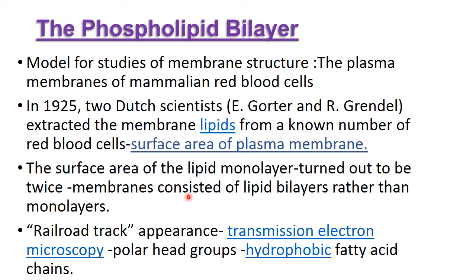So they concluded that the lipid is not a monolayer of lipid molecules; it consists of a lipid bilayer. It looked like a railroad track appearance, which we could easily identify using transmission electron microscopy.